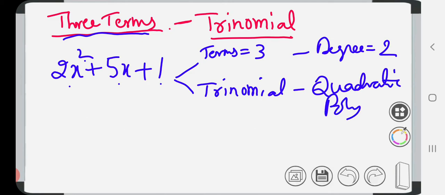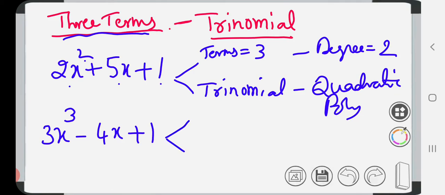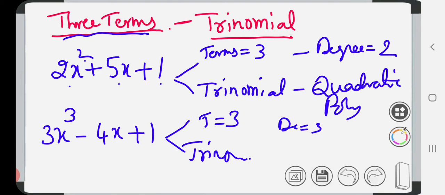Consider the other example, 3x power 3 minus 4x plus 1. Here also the terms are 3, therefore this is trinomial. And the degree is equal to 3, therefore it is a cubic polynomial.